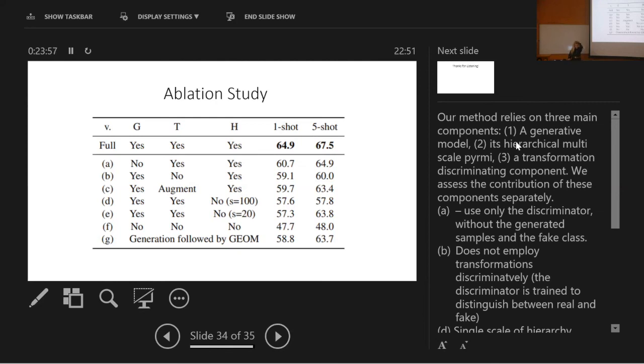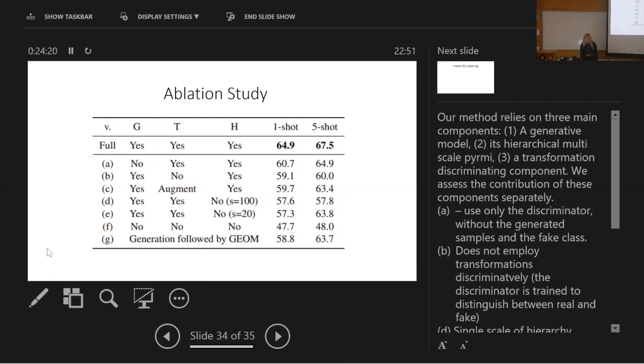We also made an ablation study to assess the importance of each component in our model. Our model relies on three main components: the pyramid, the transformations, and the generative model.